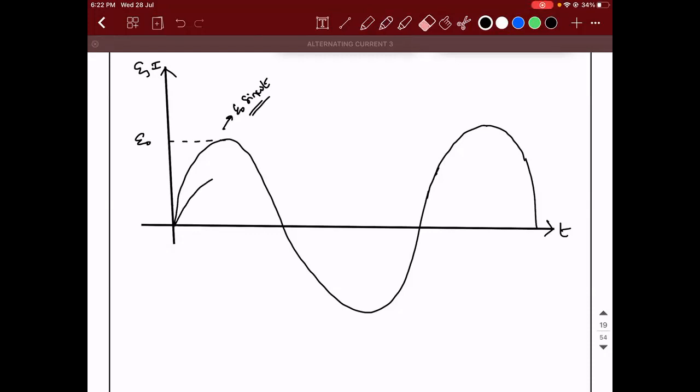With respect to I naught, I will draw some dotted lines, where these dotted lines represent I naught sine omega t, and when you drop a perpendicular from here, this value will be I naught.